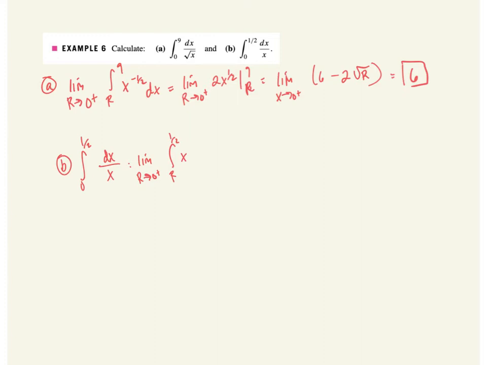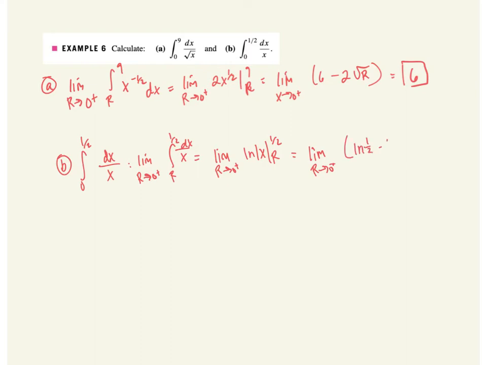So this is going to end up with ln from r to a half.